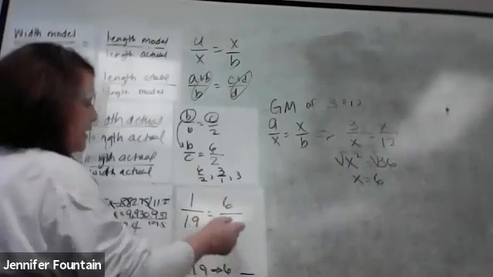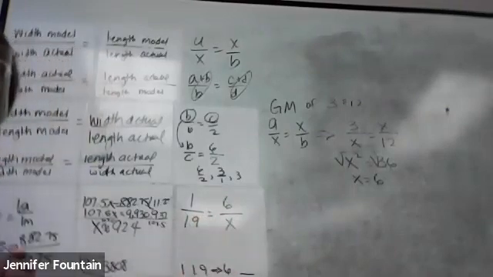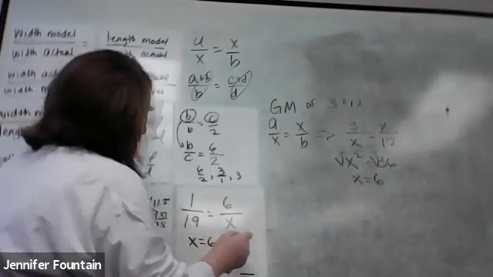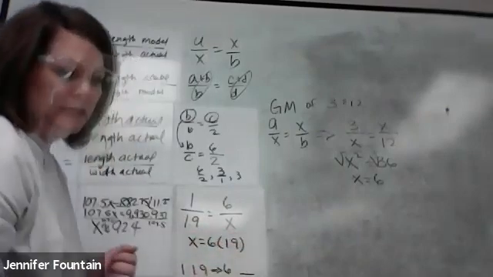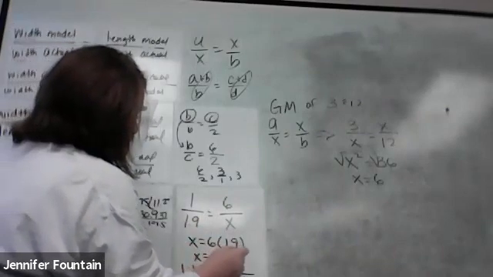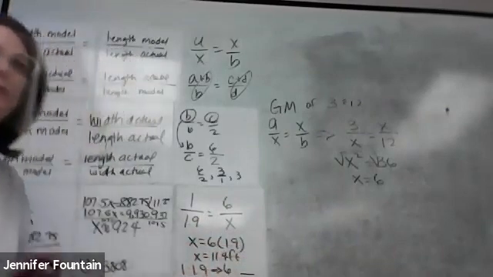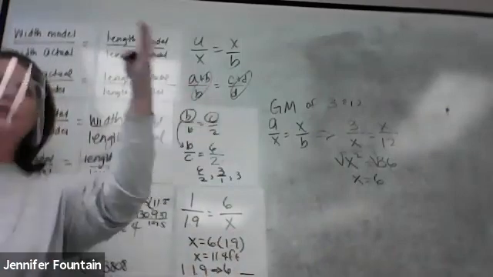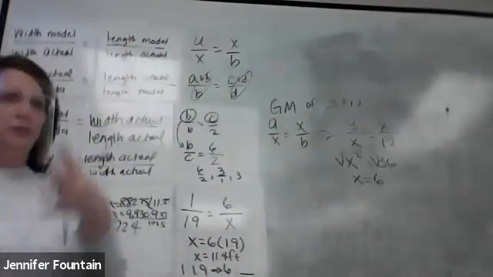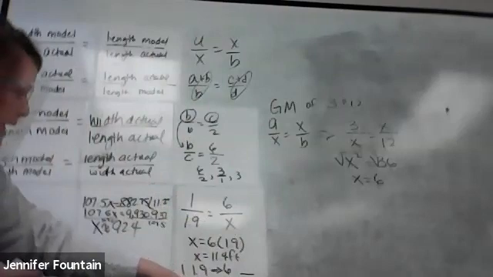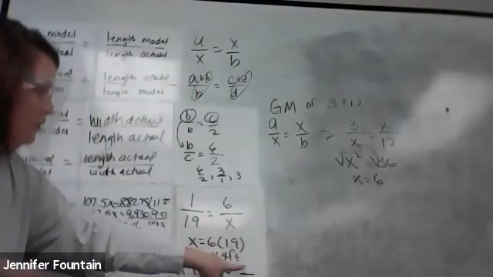So 6 is up here, and I'm solving for x. So I have x is equal to 6 times 1.9, and that's going to be 11.4 feet. So pay attention to the order they give you the information in, and that's how you figure out what it corresponds to. That's how you figure out if I set up 1 over 1.9, I've got to set 6 over x.